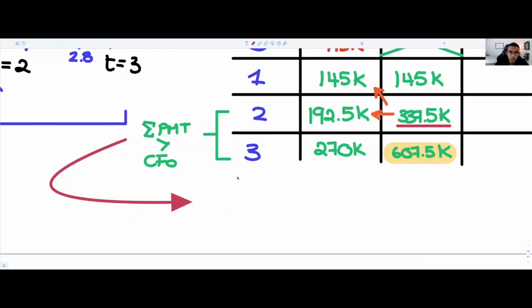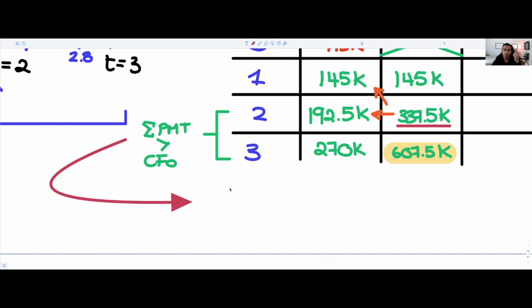So we know that after year 2, okay, we still have some money left to be able to say that we pay back our original investment. And we clearly see within this table that at year 3, we definitely paid our original investment back. So it's definitely something between year 2 and year 3.